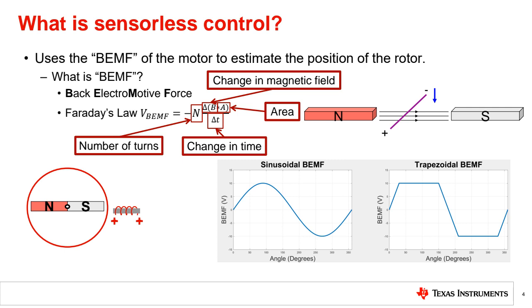We have two types of back EMF. One is sinusoidal, which means permanent magnet synchronous machine. However, if you have a trapezoidal back EMF, on the right side of the screen, this means brushless DC motor. This is important. Many times you will see these waveforms in your professional life.